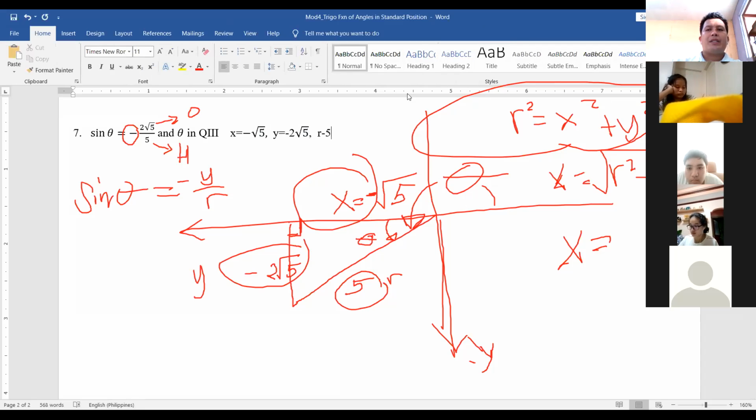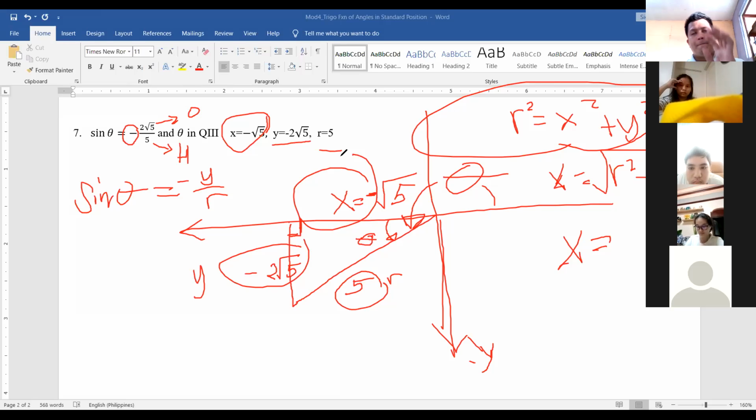Having all the values present, we can now solve for the trigonometric ratios of the angle in standard position. We have the x, we have the y, and we have the r.